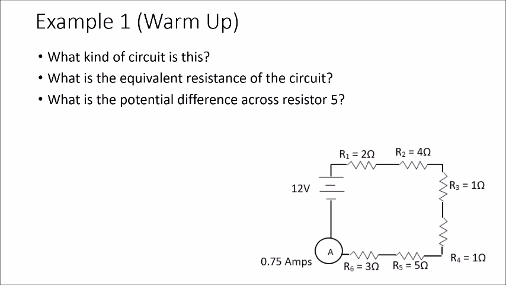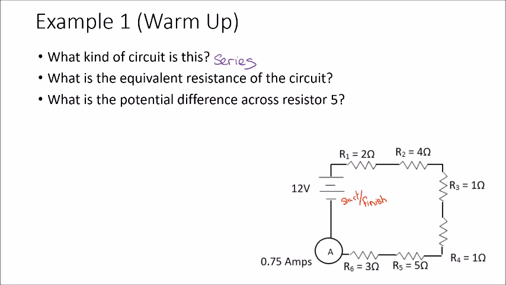This circuit is a series circuit. And we can tell by starting at the battery. So the battery is kind of like our start and finish line for the circuit. If we're thinking of the circuit as an obstacle course for electrons, our starting point and ending point is the battery.